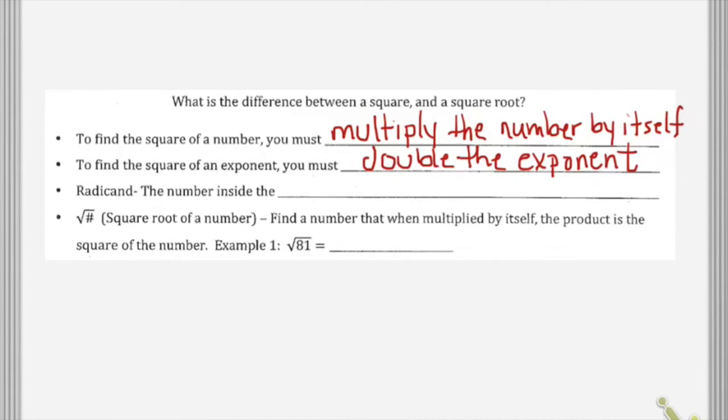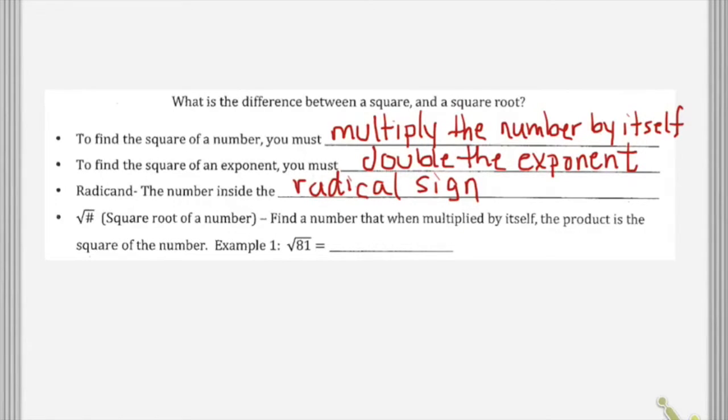The radicand is the number inside the radical sign. And the square root of a number, which means you're finding a number that when multiplied by itself, the product is the square of a number.